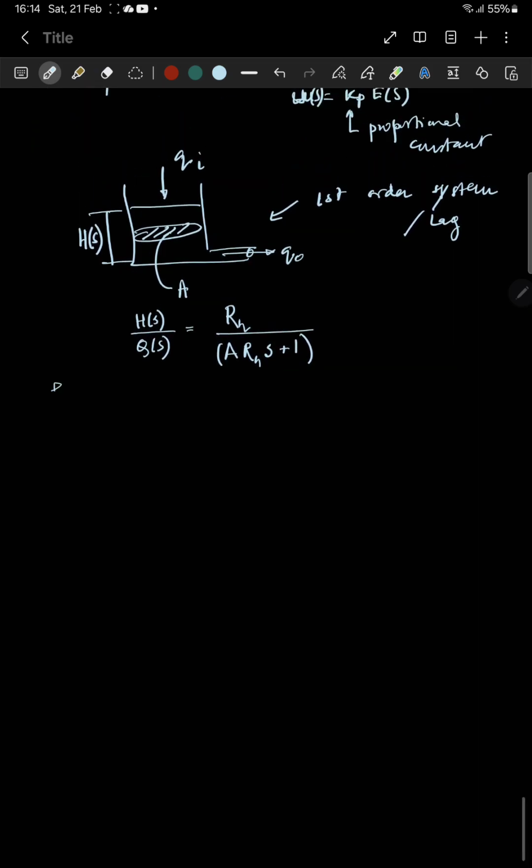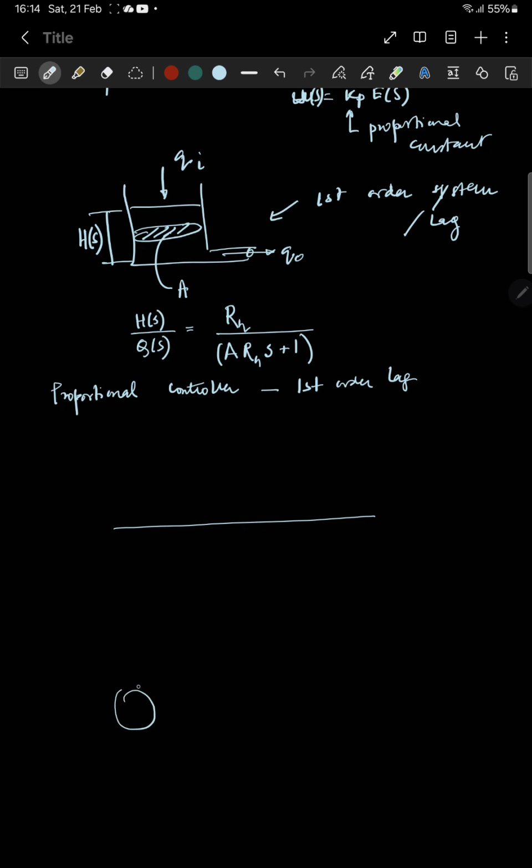Now we have a proportional controller for a first order lag. So the diagram looks something like this. Let me start with the pump.